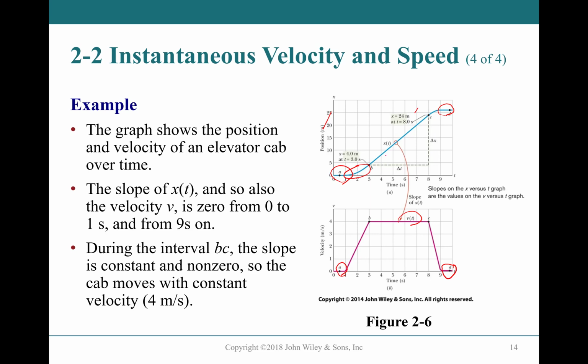That's why velocity is increasing, and we have velocity going from 1 to 4 meters per second. So velocity is increasing during this segment. And going from here to here, the velocity is decreasing.